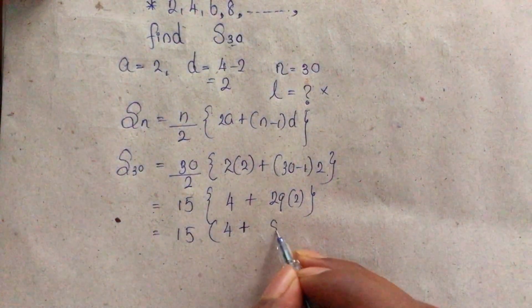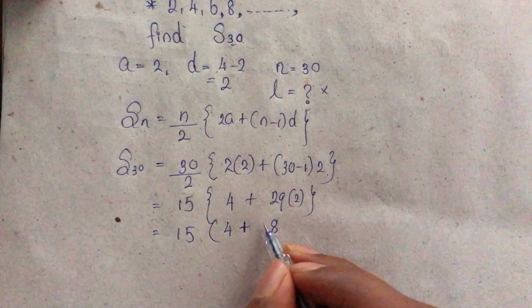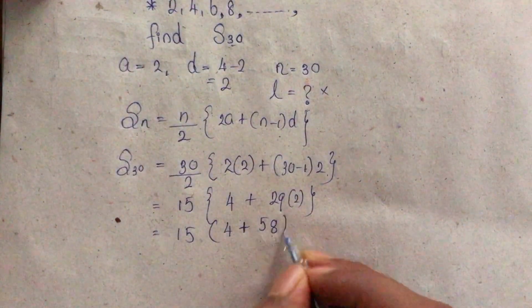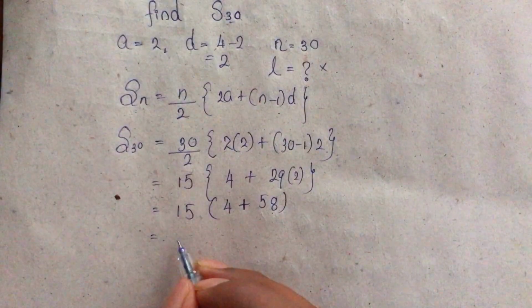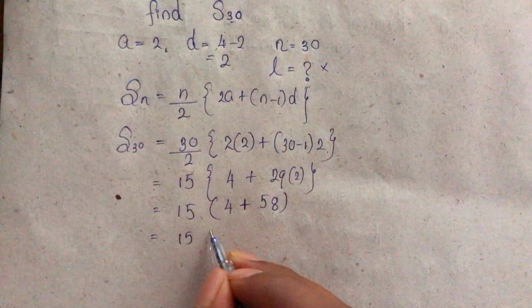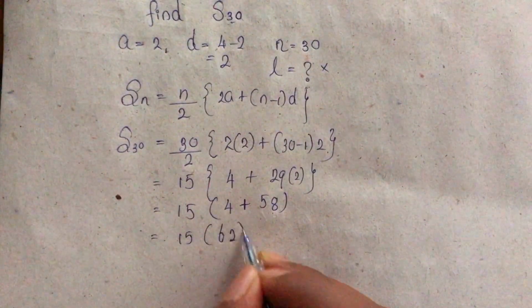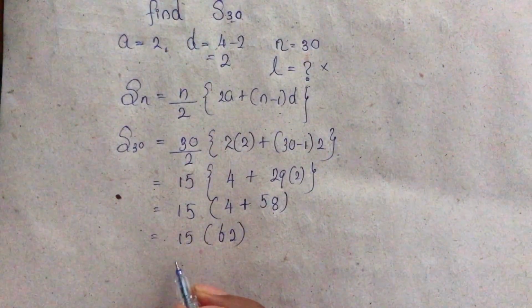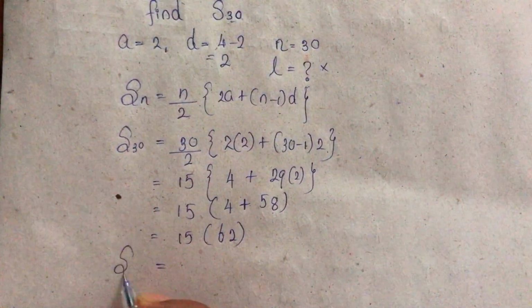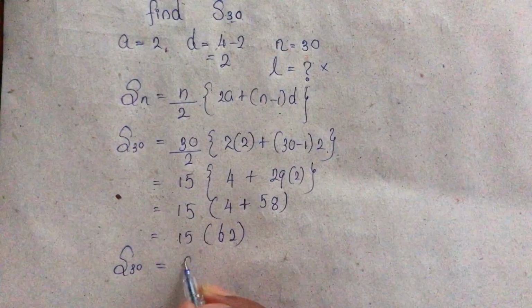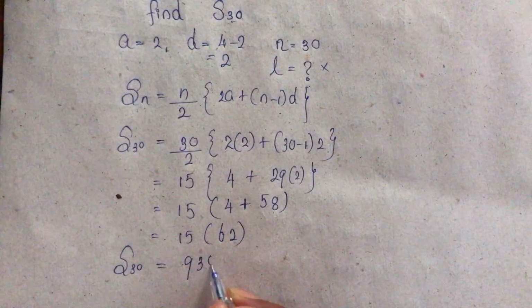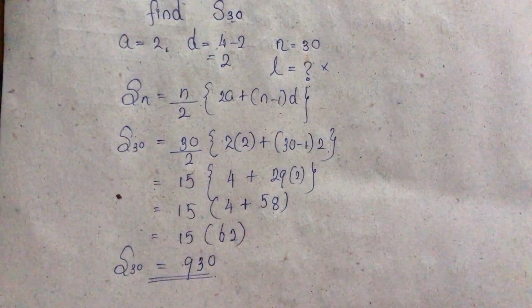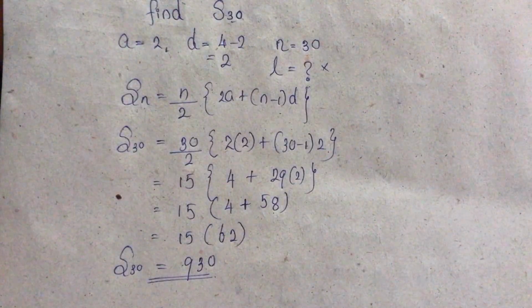You got this step as 15 into 4 plus 58, then 15 into 62. Then you will get the sum of the first 30 terms as 930. Okay, shall we move to another example?